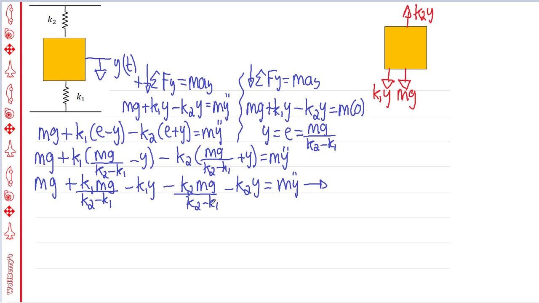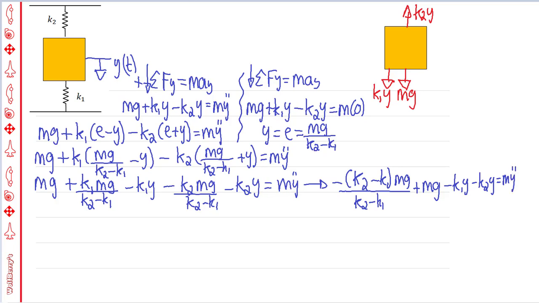Now let's combine those two big fractions together just like we did in the previous video. We've got these two fractions here. They have the same denominator, so we can add their numerators. So let's do that in one step this time. So we're going to have on the top minus, open bracket, k2 minus k1 mg all divided by k2 minus k1, plus mg, minus k1y, minus k2y equals m y double dot.